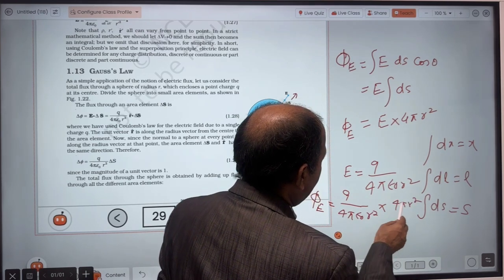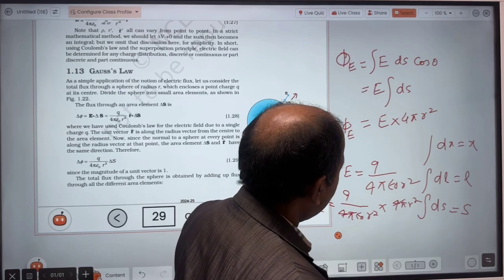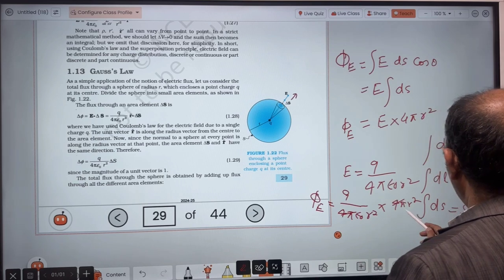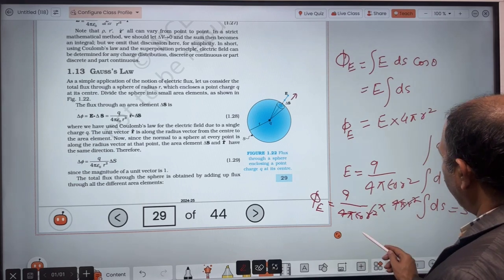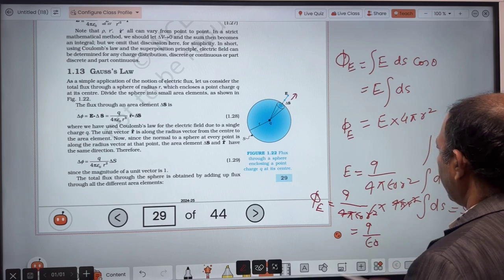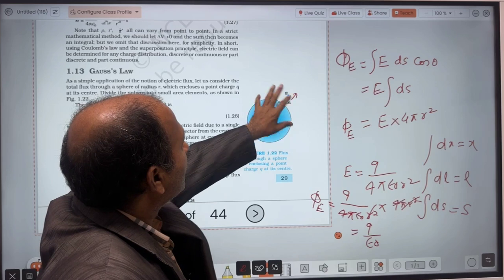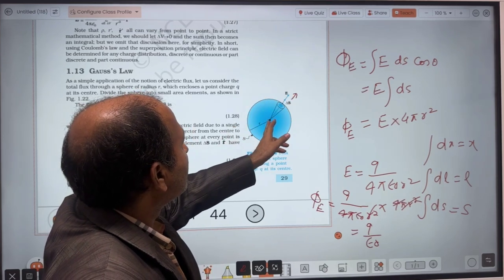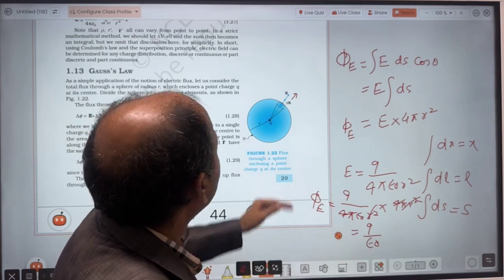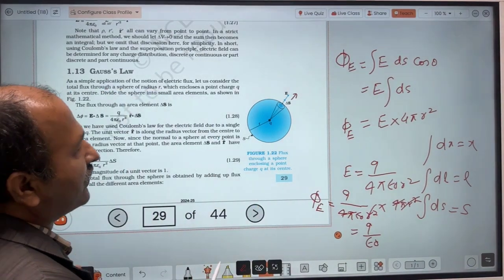So 4 pi will cancel out, and r square will also cancel out. What will be left? It will be just q upon epsilon naught. So we have got that the total flux through this sphere, if it is enclosing charge q, is equal to q upon epsilon naught. So this is the proof of Gauss theorem. I think you have understood it fully.